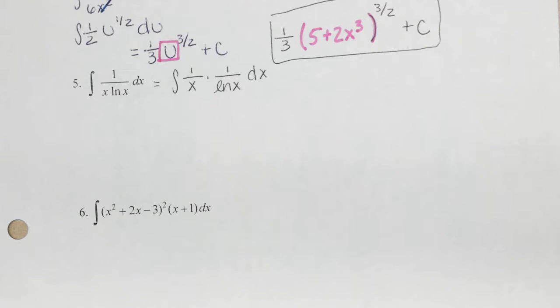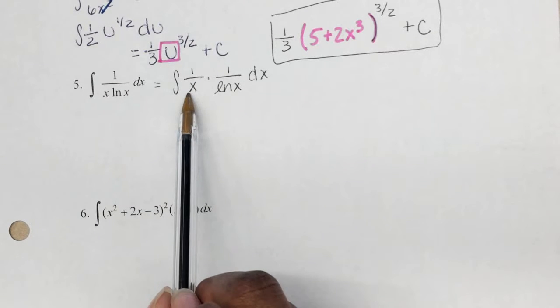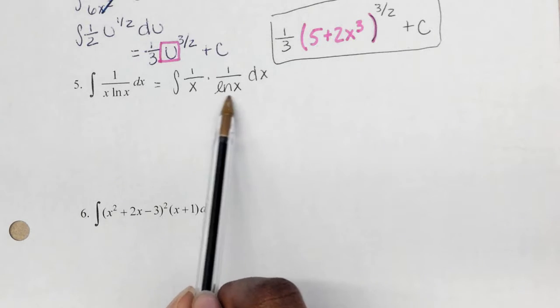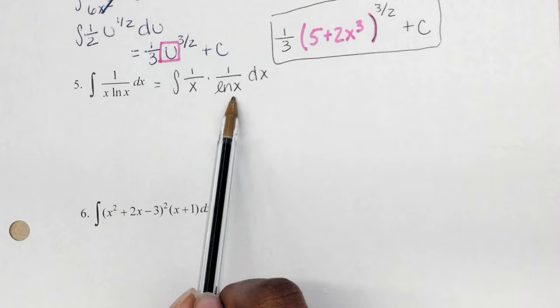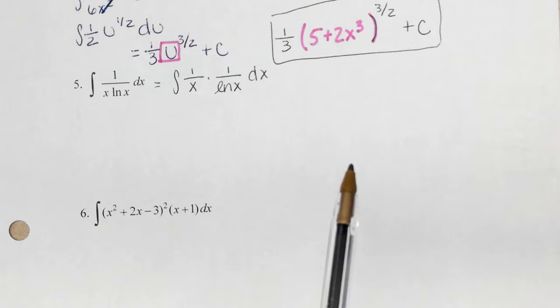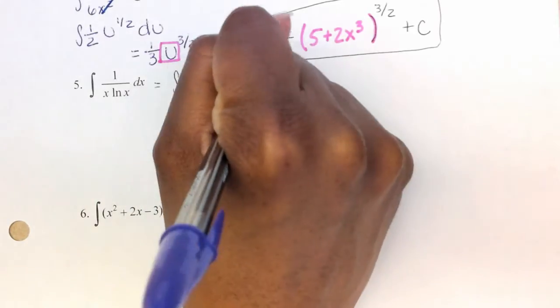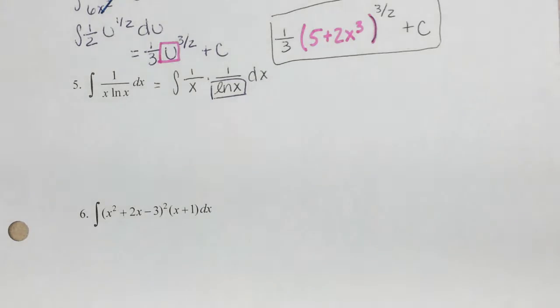Now, when deciding on my u here, I have two options. I can make u x, and the derivative of that would just be 1, or I could make u ln x, and the derivative of that would be 1 over x. My personal opinion, I want to get rid of the fraction, right? So I'm going to make u ln x.